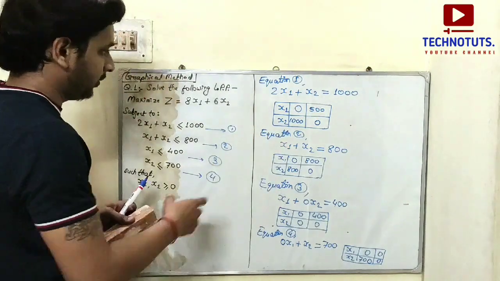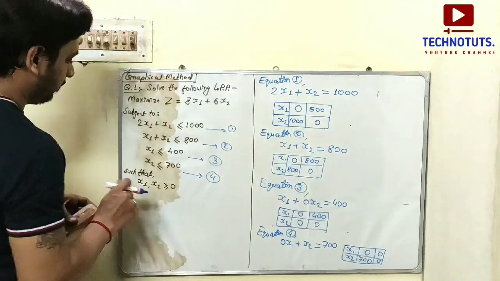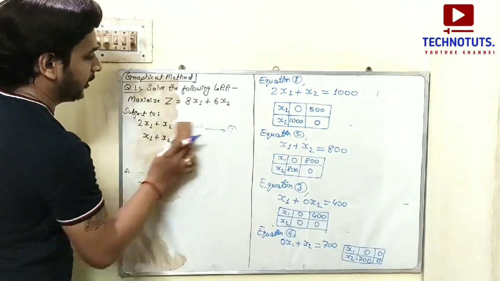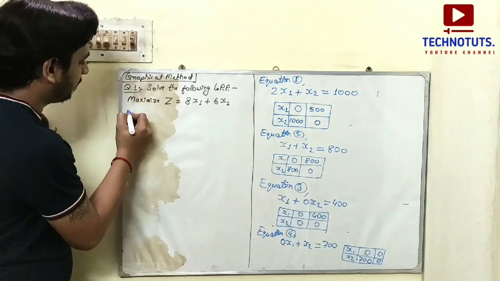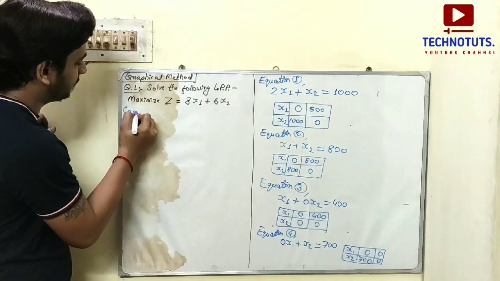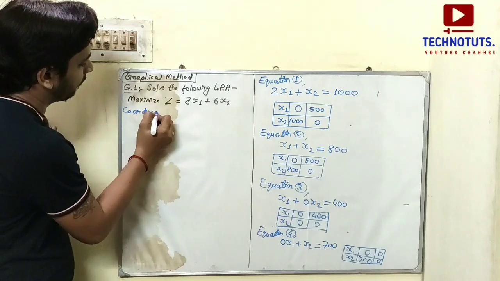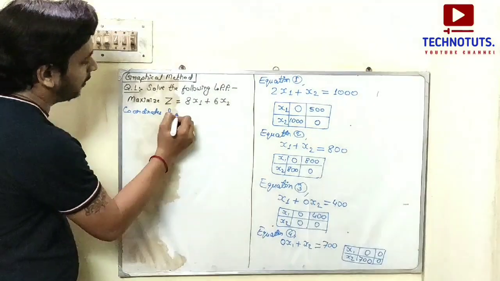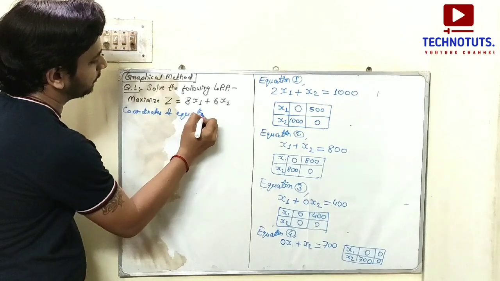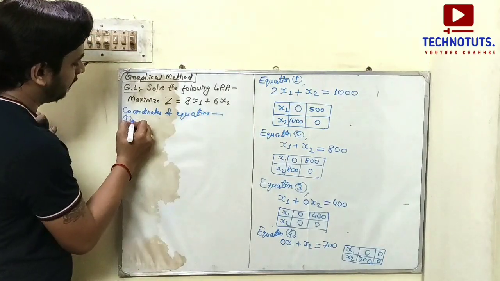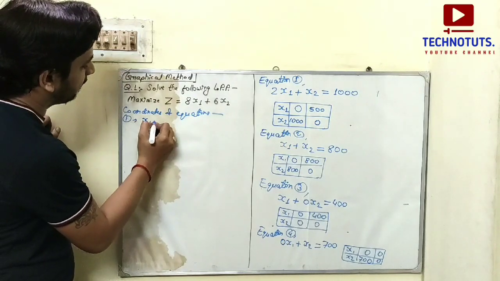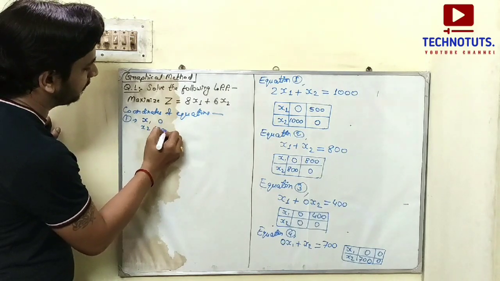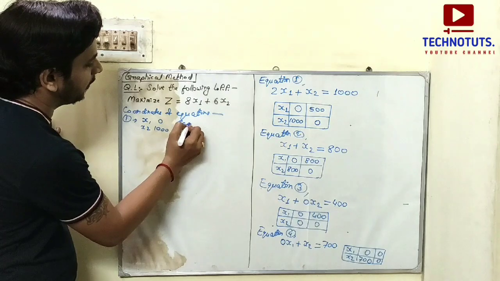Coordinates of the equations. The coordinates of the first equation are x1, x2: 0, 1000 and 500, 0.